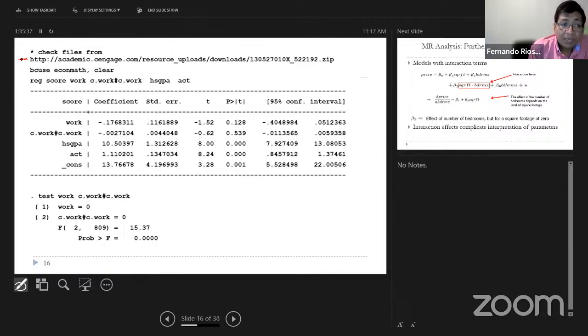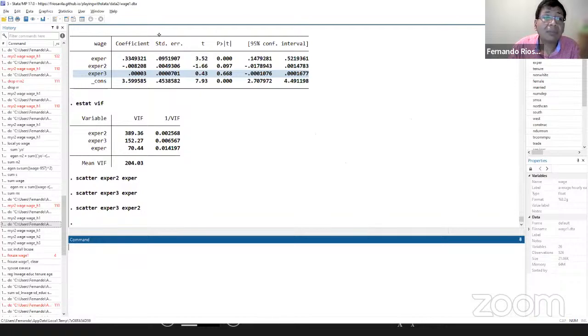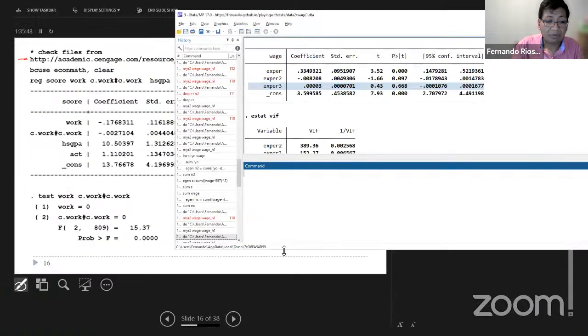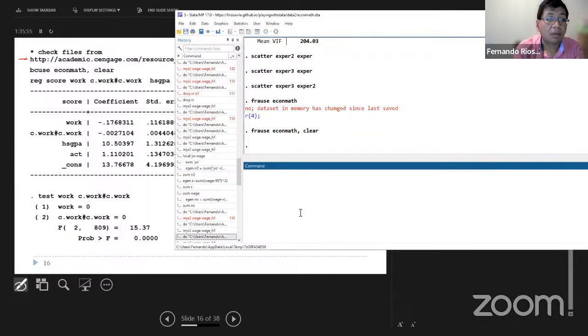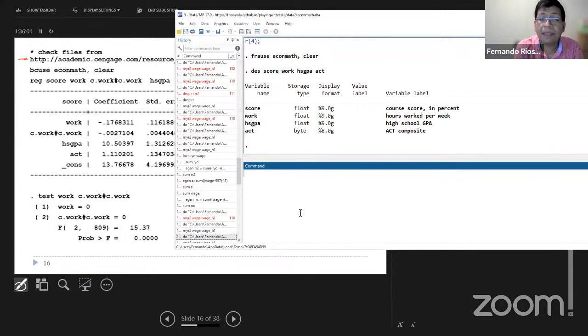So in this case, the idea is to relate... Let's check this out, since I don't remember exactly what the variables are. So I use EconMath here. Score, work, GPA, ACT. Okay, so the model that we are trying to estimate right now is to figure out the course score.